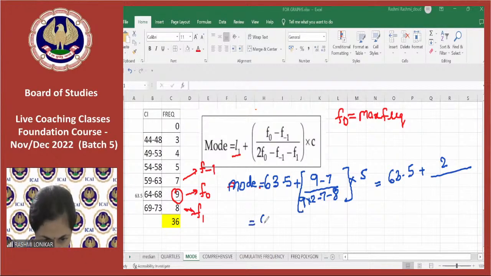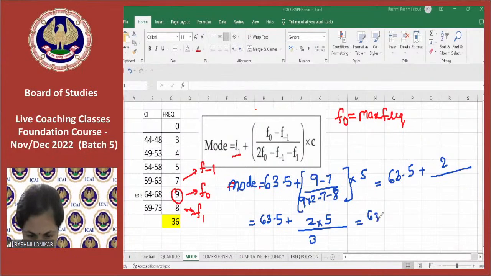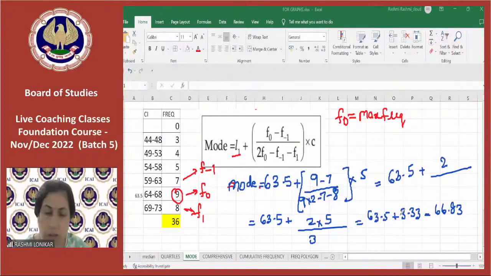So this is 63.5 plus 9 minus 7 is 2 upon 18 minus 7 minus 5 is 3, into 5. So this is equal to 63.5 plus 3.33. So this is 66.83.